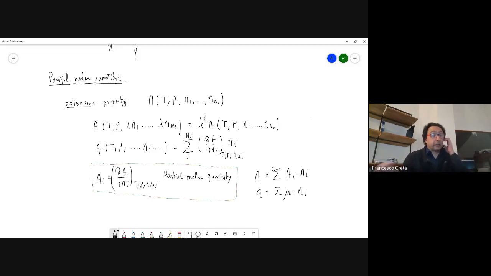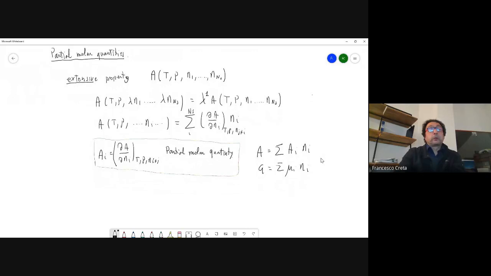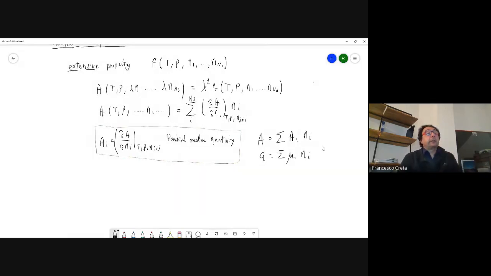So we haven't done anything else. Also, the partial molar quantity, because it's the ratio of an extensive quantity and another extensive quantity, is an intensive quantity. So Ai will be homogeneous, zero order.